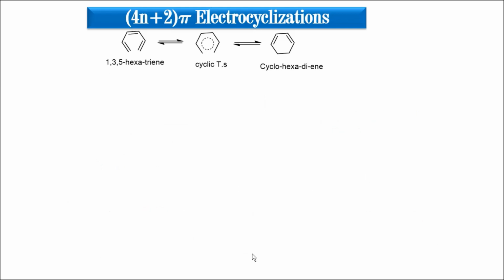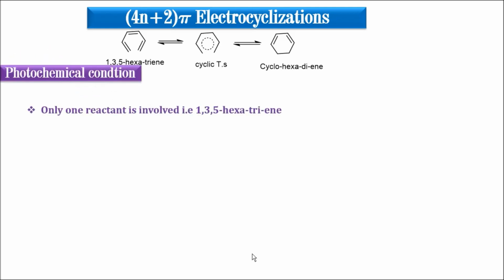Let's explain the photochemical condition. Under photochemical condition, you have to write the electronic configuration. Under the first excited state, you know that in the ground state the Psi3 orbital has 2 electrons. So here, under the first excited state, one electron is promoted from Psi3 to Psi4.